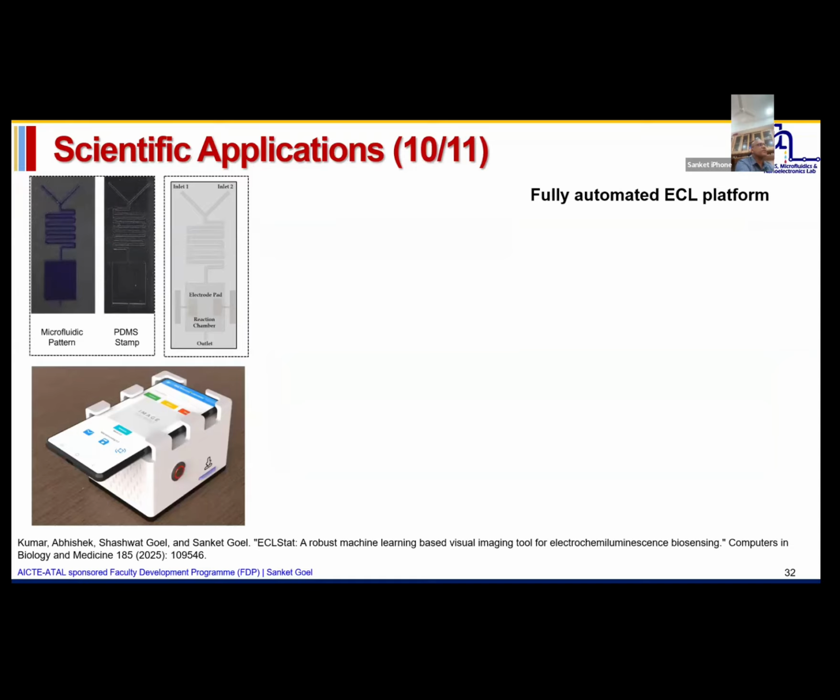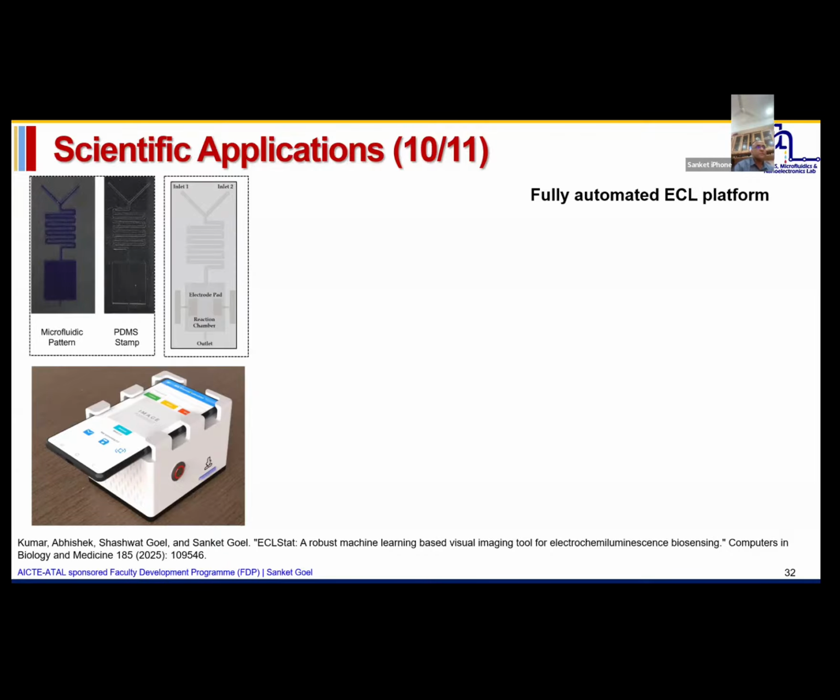For the last two applications, I'm going to talk about electrochemiluminescence kind of devices. So electrochemiluminescence, as the name sounds: you provide an electric field, chemistry will start happening, and then based on the chemistry, light will be emitted. So the light intensity or the wavelength, both can be an indicator of the analyte concentration.